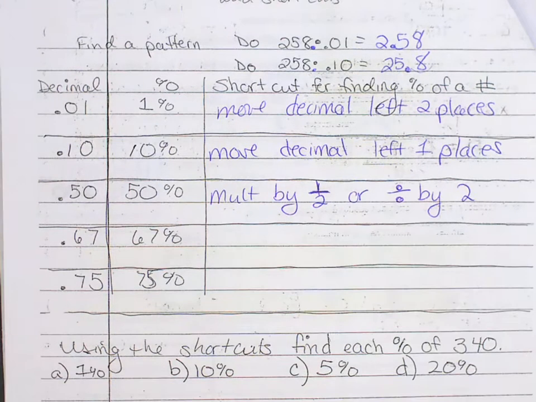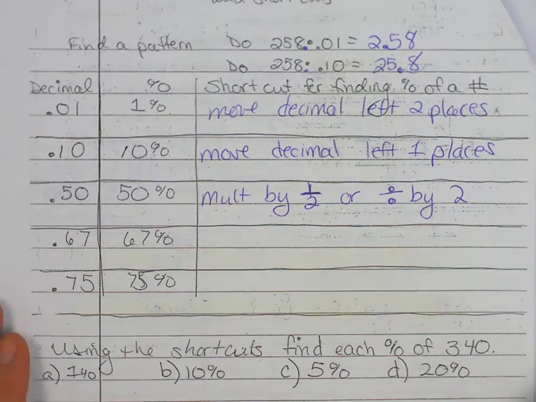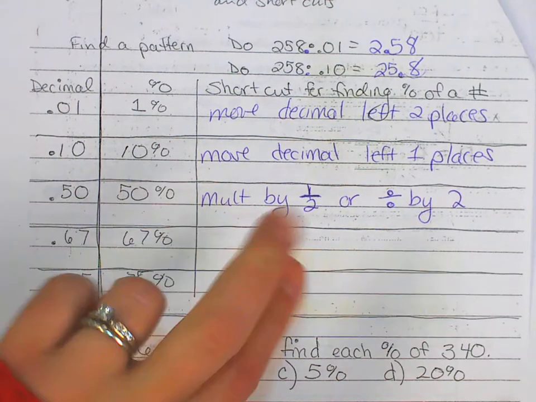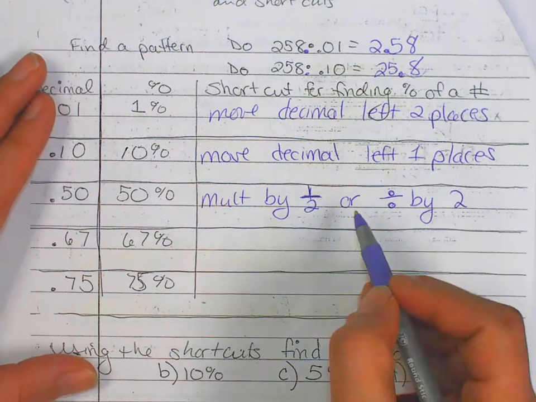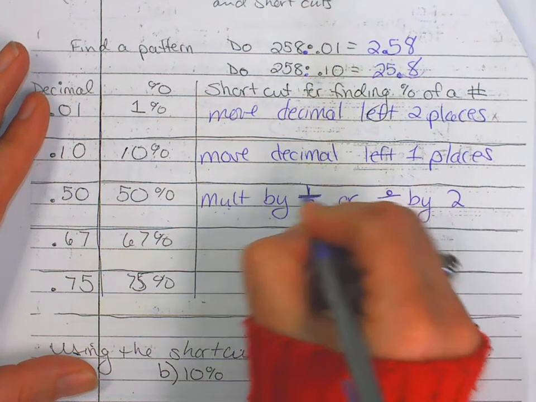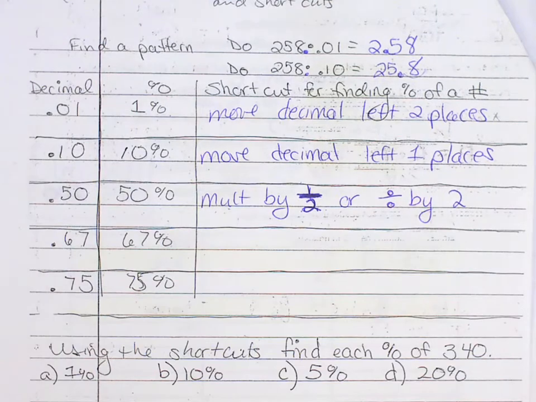And this is a good lesson to learn. Multiplying by half and dividing by 2 is the same thing, because dividing by 2 is the same as multiplying by the reciprocal, 2 over 1. Check it. Multiplying by half is the same as dividing by 2. Okay, that's maybe an easier way to think about it.